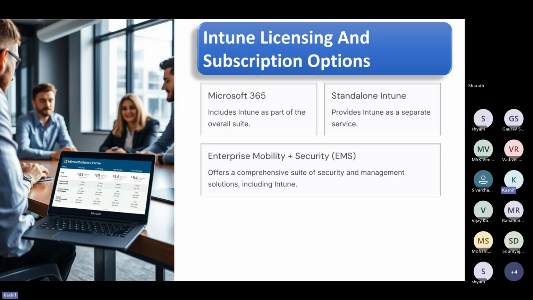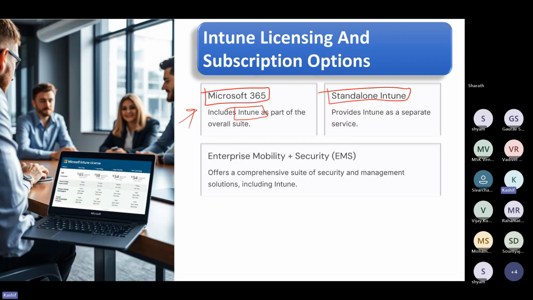Now, Intune is not a free product. You will have to pay for it. So there are three types of licenses which we have in Intune. First is Microsoft 365. So mostly we use this one in production environment because Intune is included in that one already. Then we have a standalone.